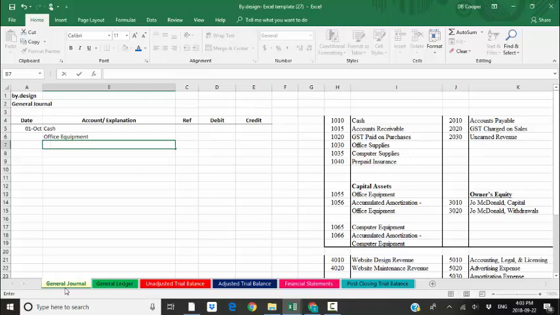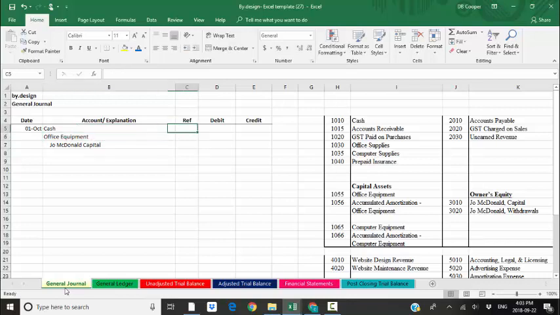And the other side of this is going to be Joe McDonald, easy for me to spell, capital. So where it says reference, that's the ledger account I'm going to post it to, and it's right there. It's brilliant. Couldn't be more convenient.